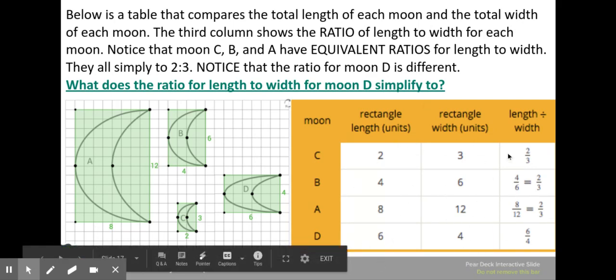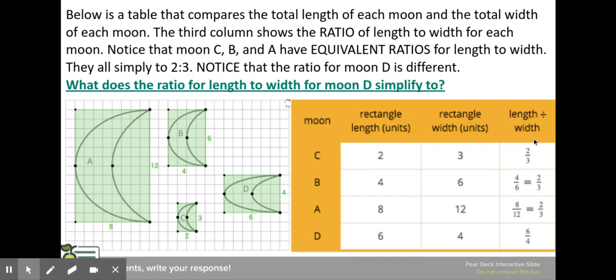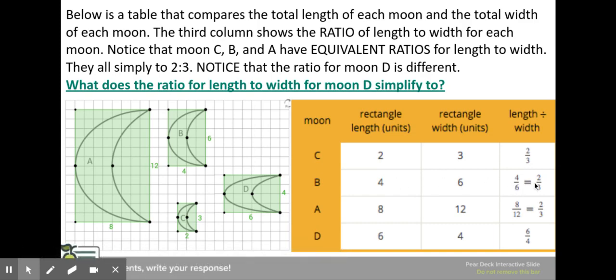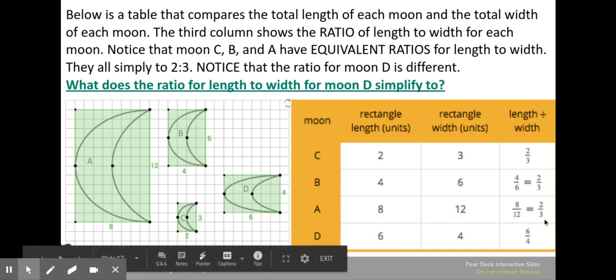And then in the third column, it shows the ratio of length to width, so length over width for each one of the moons. So C, B, and A, the ones that look more similar, when we take the length and put it over the width, we'll notice that we get this equivalent ratio, the same fraction for all 3, 2 over 3, 2 over 3, 2 over 3.